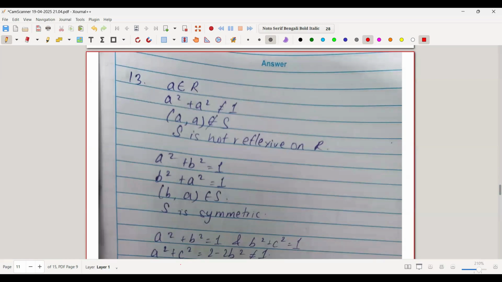Why? You have to give an example. Because a square plus a square equals 1 implies 2a square equals 1 and a square equals half. That means a equals plus minus 1 by root 2.